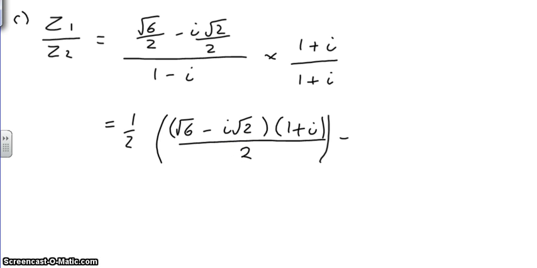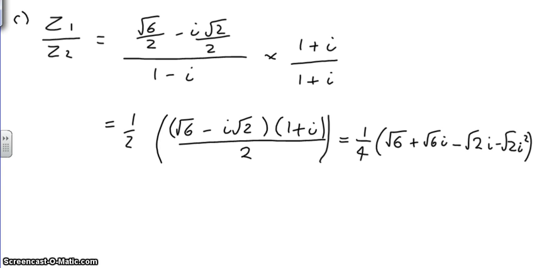So then, a half times a half is a quarter, so we'll take a quarter out and we'll expand the brackets. We get root 6 plus root 6 i minus root 2 i minus root 2 i squared. Obviously i squared is minus 1, so that becomes plus root 2.